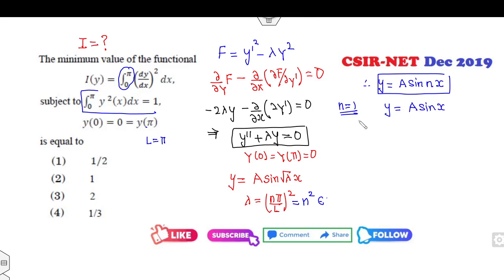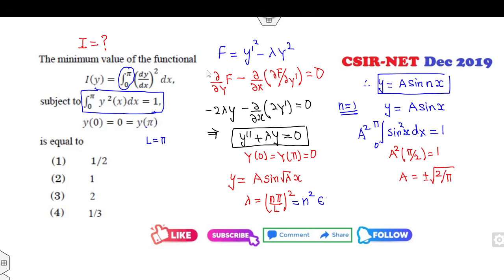How can you find the value of A? I can use again this condition, integral 0 to pi of sine square x dx is 1. Again by using the orthogonal property, A square, pi over 2 is 1. A will be plus minus 2 over root pi. Fine.